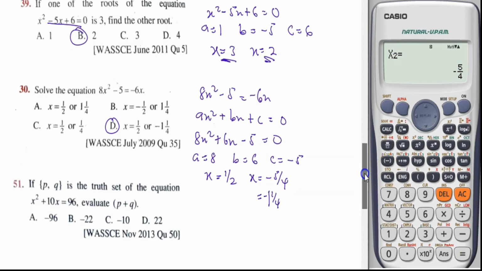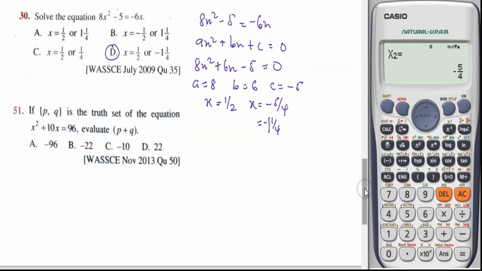The next question says that if PQ is the true set of the equation x squared plus 10x equal to 96, evaluate P plus Q. So in the same way, we need to find the roots or the solution for P, because we are told that P and Q are representing the true set for this quadratic equation.